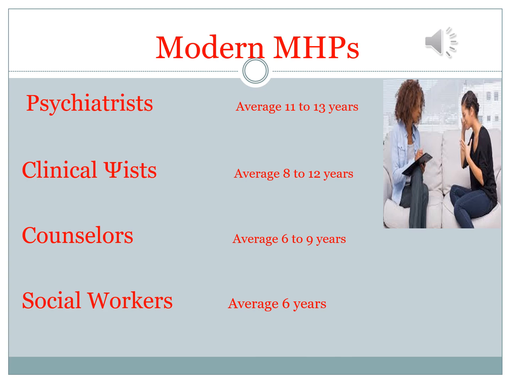Again, so that's a total of 8 to 12 years. Counselors, where there's different types and different degrees, but this person would typically have a master's degree, often in counseling psychology. The average amount of time it would take them, including their undergraduate time period, assuming they completed in 4 years, would be 6 to 9 years.